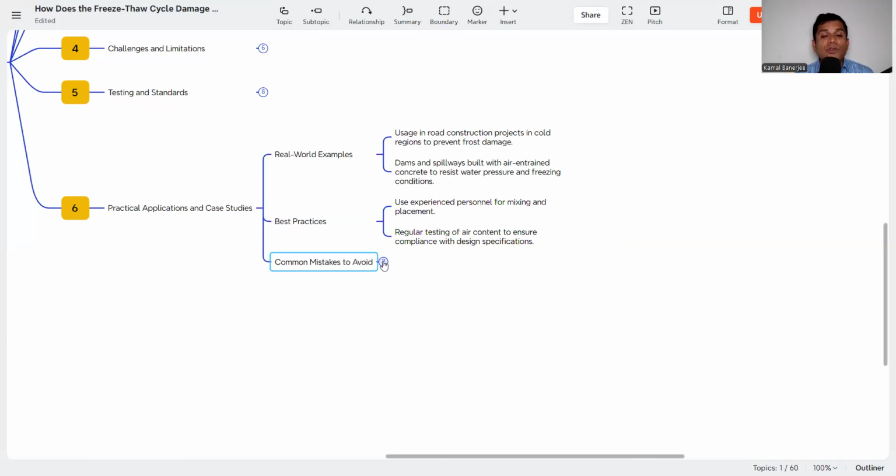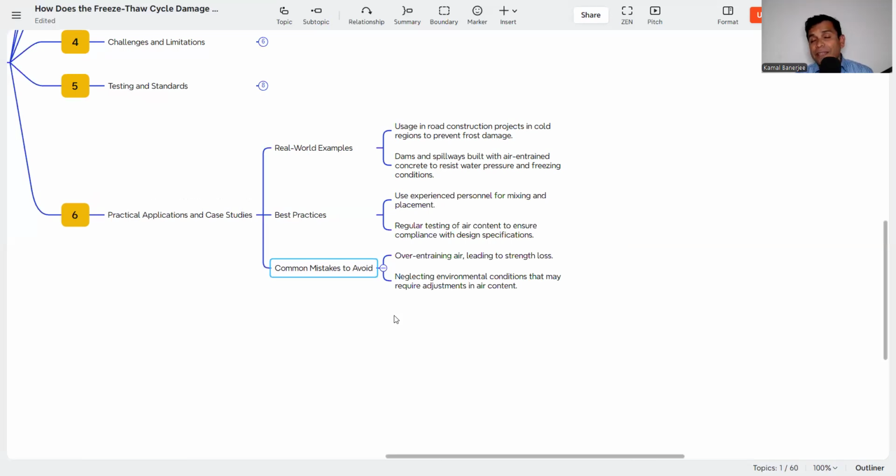Then the common mistakes to avoid: over entraining air, which I already discussed, because if the amount of air entrained is more, then again strength and durability are a concern. Then neglecting environmental conditions, which may require adjustment in air content. So whenever we are designing, the environmental conditions need to be considered before deciding what percentage of air should be inside.